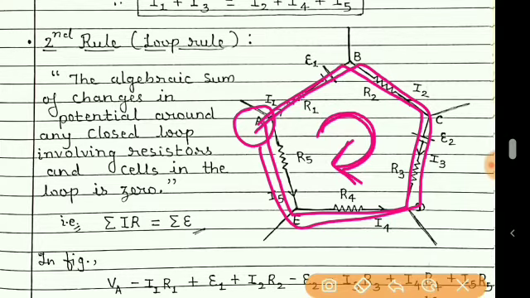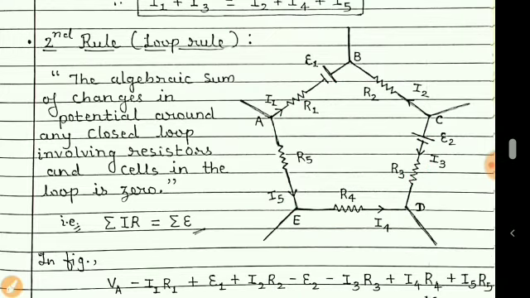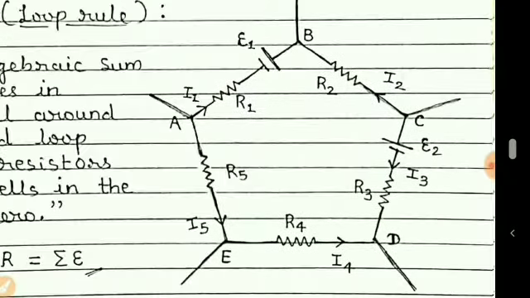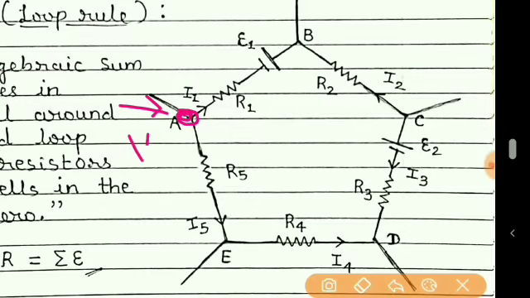So during the motion clockwise in this loop, always remember that any point in the network or a loop has a potential. So here this point A has a potential VA, that is potential of point A is VA.